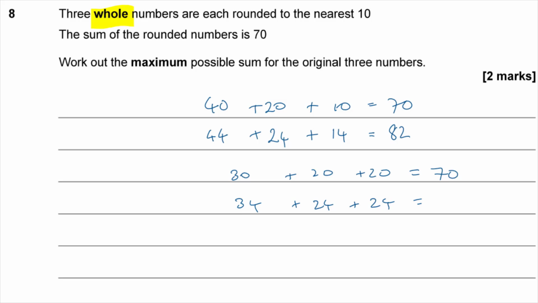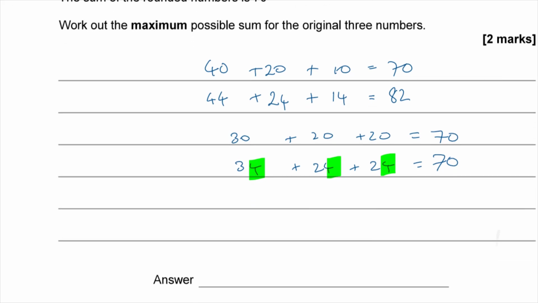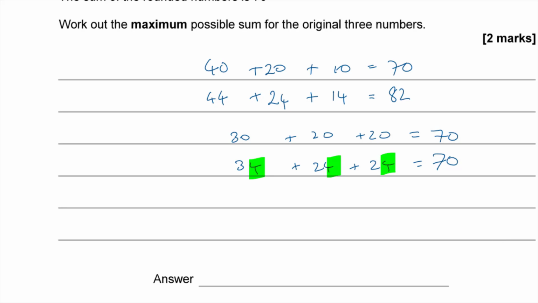So again, that's 4, 8, 12 more than 70, isn't it? So I think whatever combination of numbers you pick that round to your original 70, your maximum possible number is always going to be 4 more, three times. So 4 times 3, 12 more than that amount. So the maximum possible sum has to be 82.